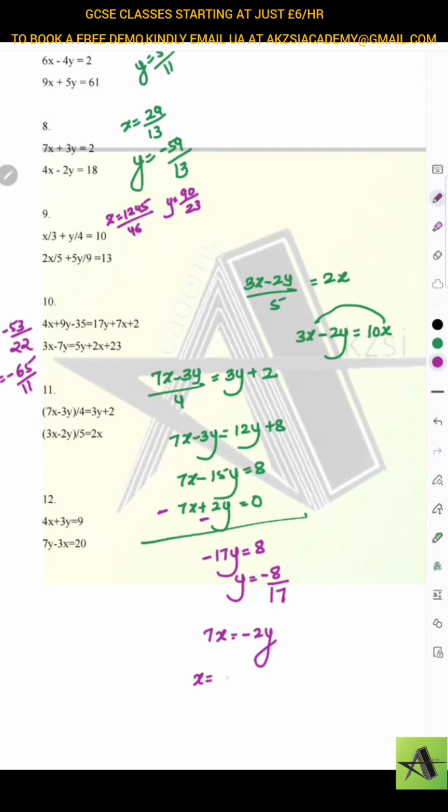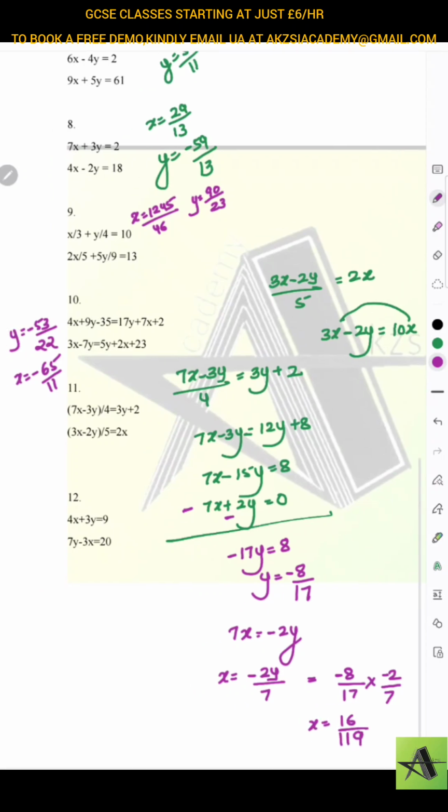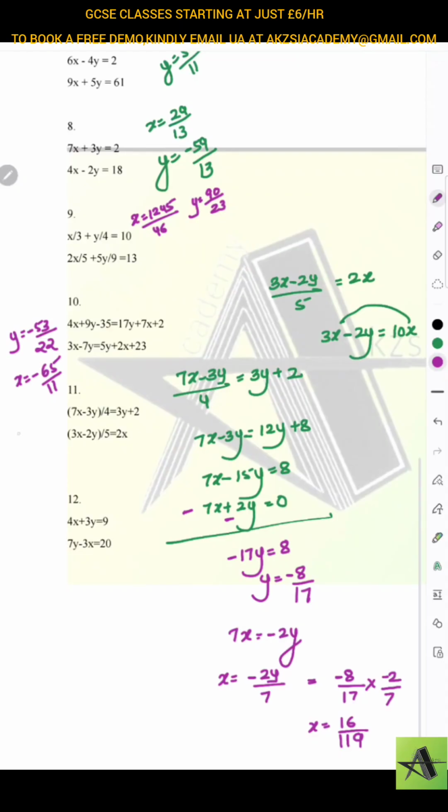So x will be minus 2y over 7, whereas this is minus 8 over 17 times minus 2 over 7. That will give me x as 16 over 119. So x is, here in this case, 16 over 119, and y is equals to minus 8 over 17.